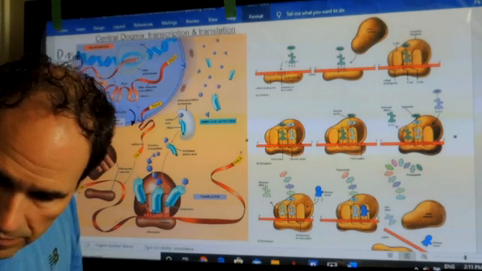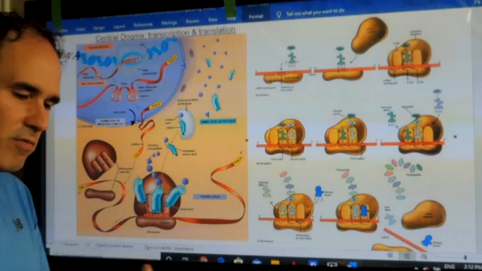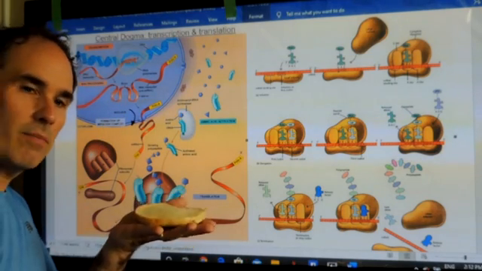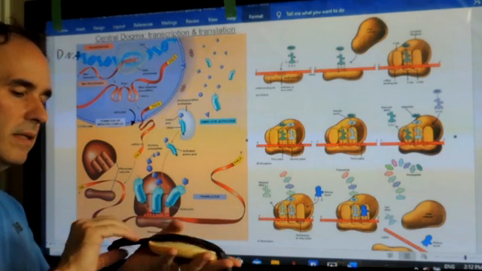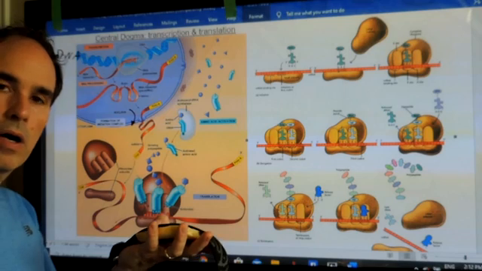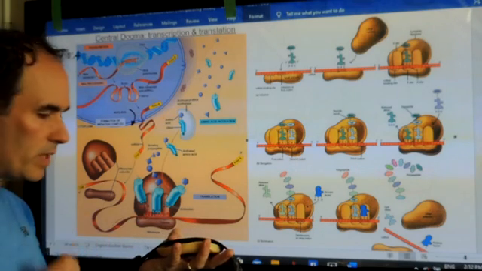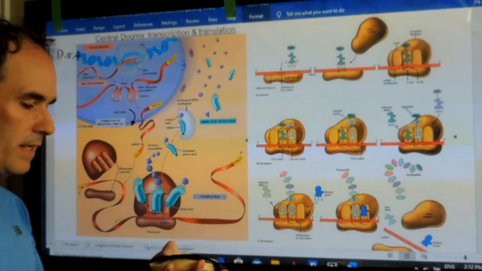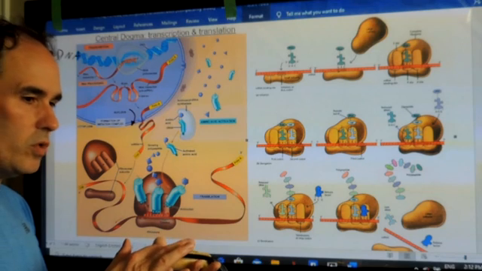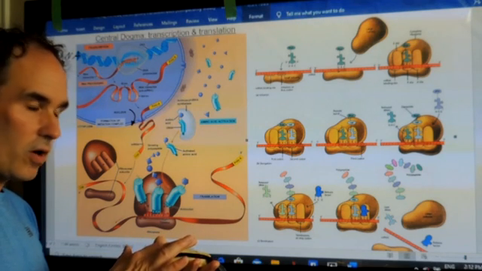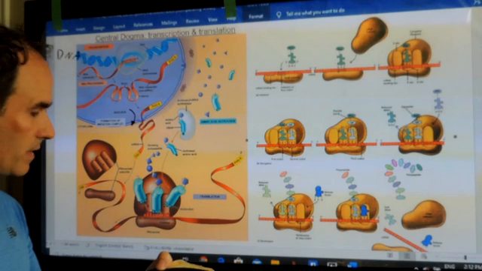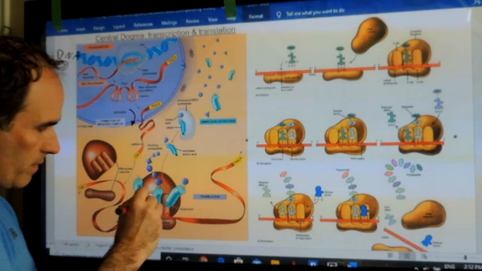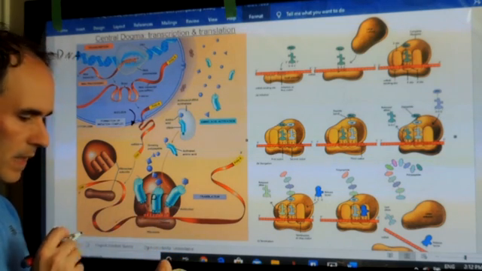So, this belt is going to represent a piece of messenger RNA. The messenger RNA lines up on the small ribosomal subunit so that the AUG codon on the messenger RNA lines up with the P site. So the P site is right here. We'll put a big P right there.